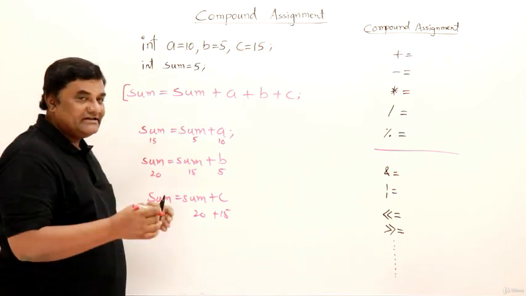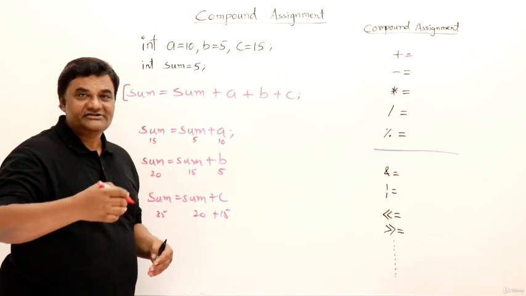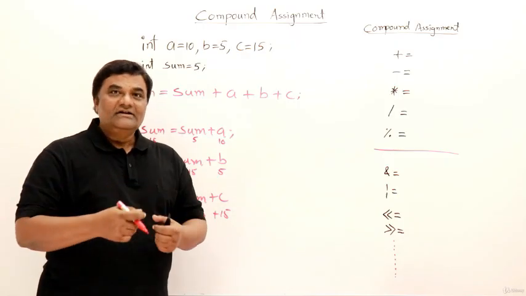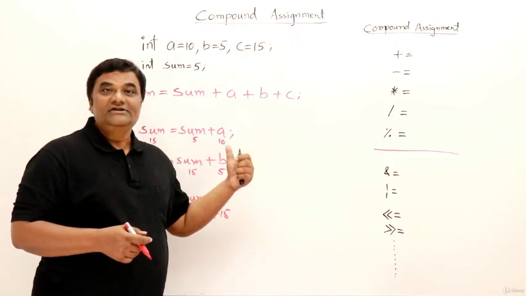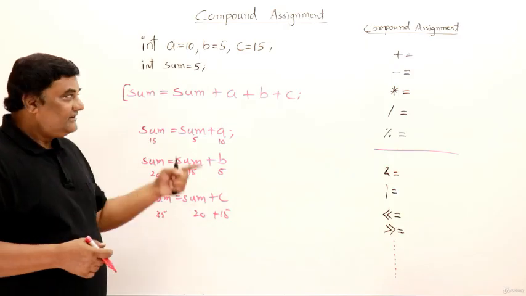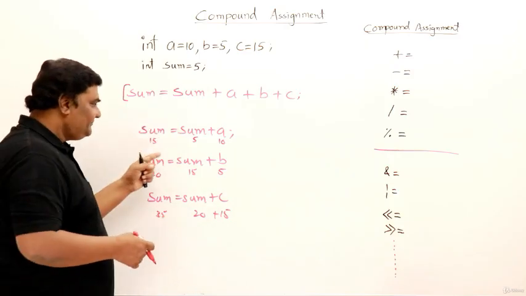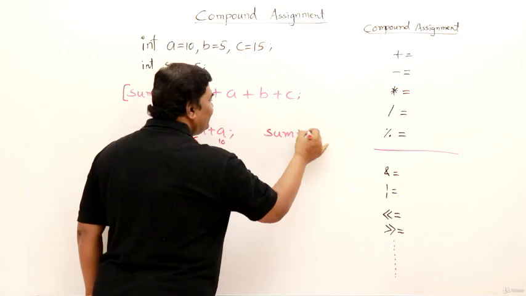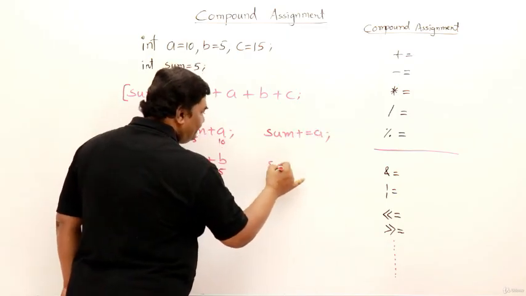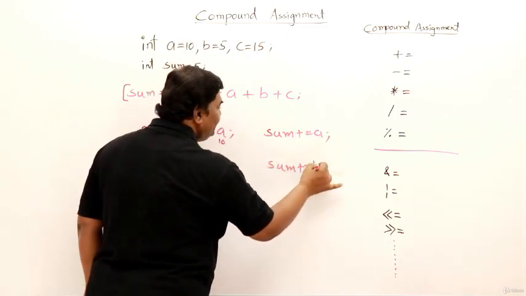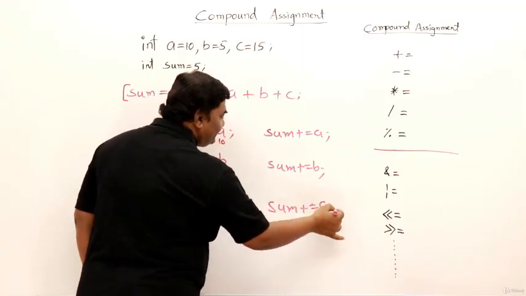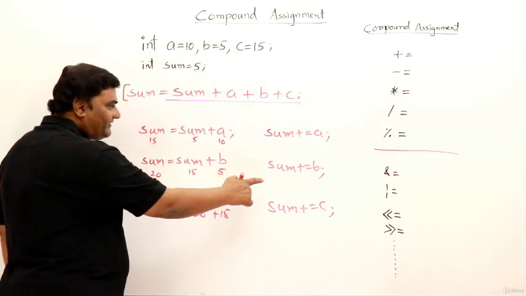Sometimes in our programs, in coming sections, we will see that we have to add multiple values one by one. In such situations, we use this type of operator, that is the compound assignment. The same thing I can write like this now: sum plus assign A, sum plus assign B, sum plus assign C. So the same statements are written like this.